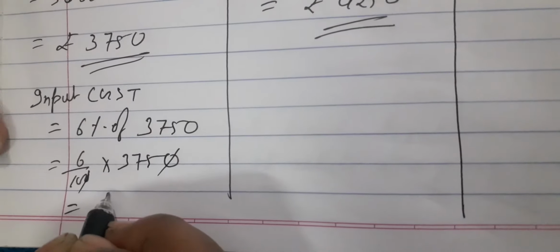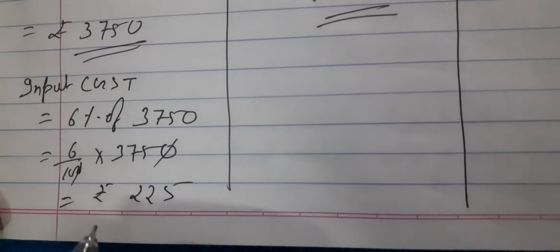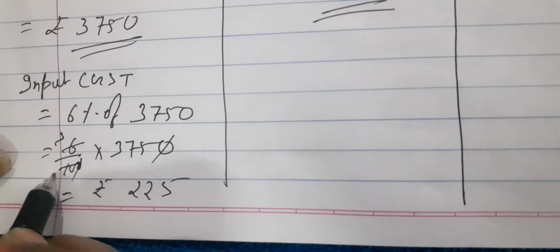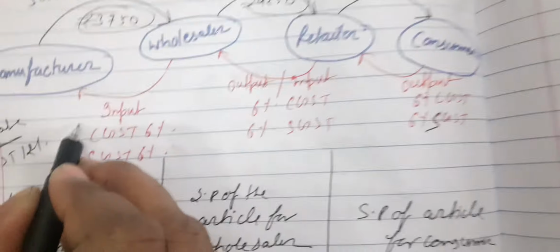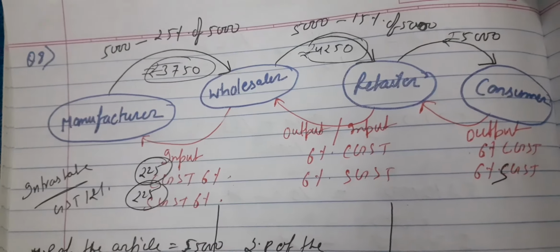So this will be rupees 225, because 2 3s are 6, 2 5s are 10, and 5 1 is 5, 5 7s are 35, 5 5s are 25. So when you multiply 3 5s are 15, 3 7s are 21, and 1 was 20, so rupees 225. So this will be rupees 225, and the same thing as GST.